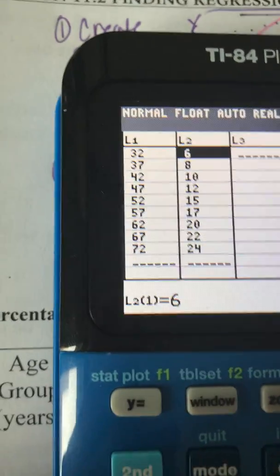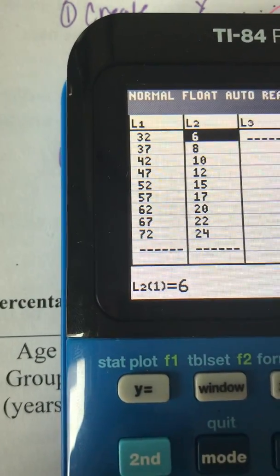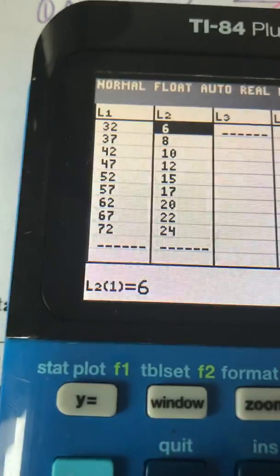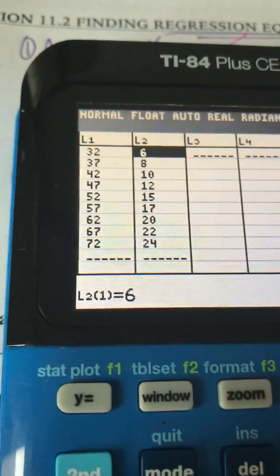Oh, sorry. Okay, so we're not quite ready for that yet. We're not going to graph yet. We have our 2 lists of data here, which means that we would have a scatter plot. But what we want to do is find what that regression equation is.